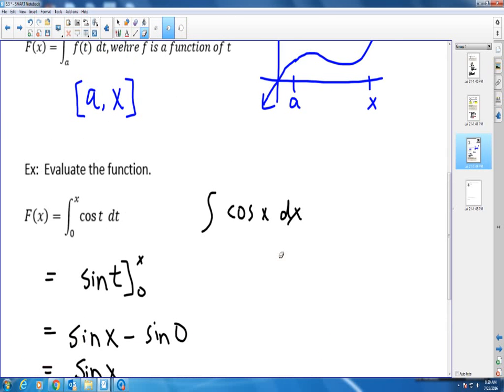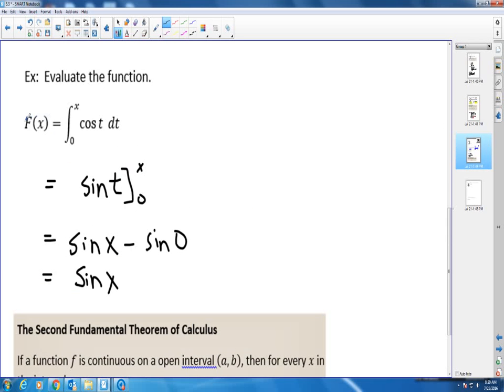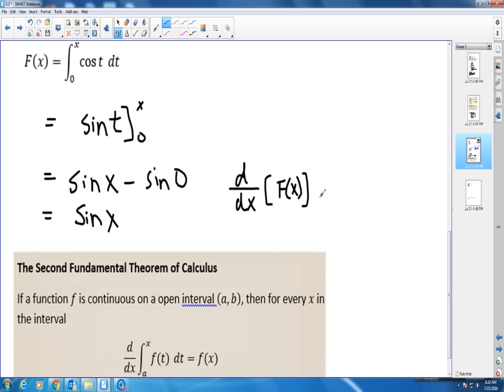So this is how it goes. I'm going to show you how we derive this. Let's see if it makes sense. Originally, this thing is an antiderivative. So the derivative with respect to x of the antiderivative, what was my antiderivative here?